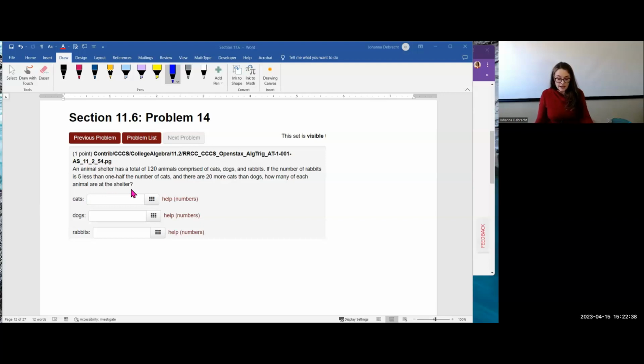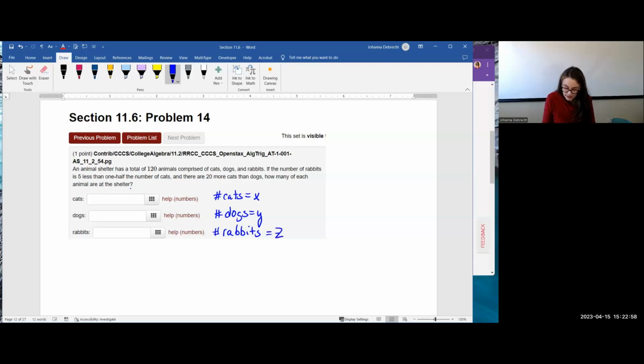Again, we need to let the number of each animal be one of our variables. So I'm going to let the number of cats equal X, and the number of dogs will equal Y, and the number of rabbits will equal Z.